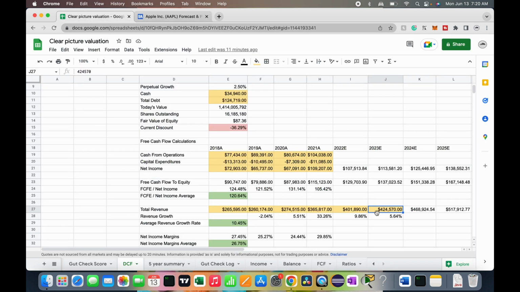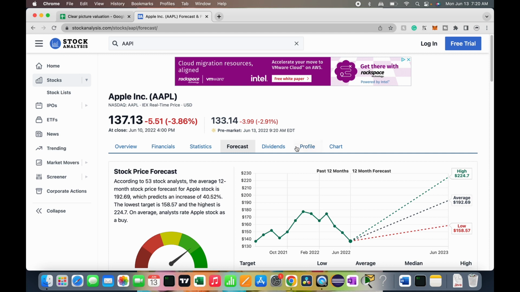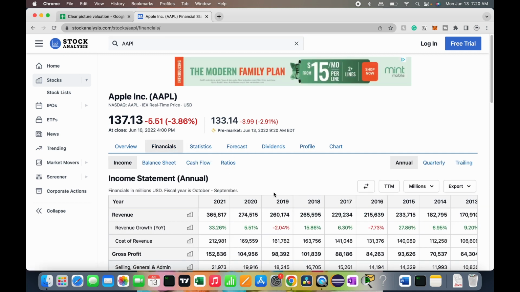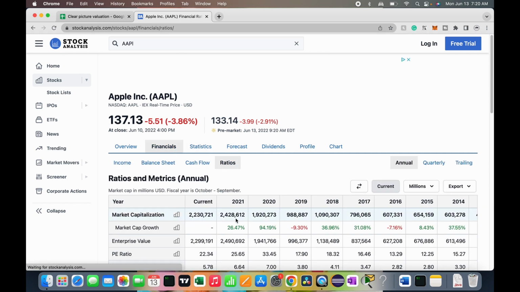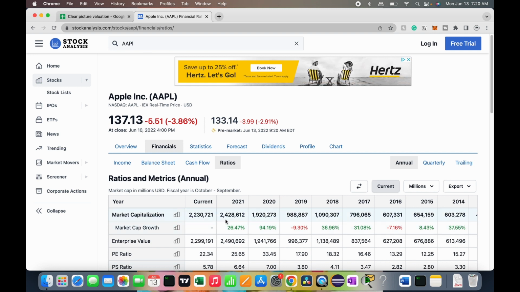I just put it here and it gave me the value. Also, today's value should be roughly the same as the market cap, a little bit under, but that should be fine.